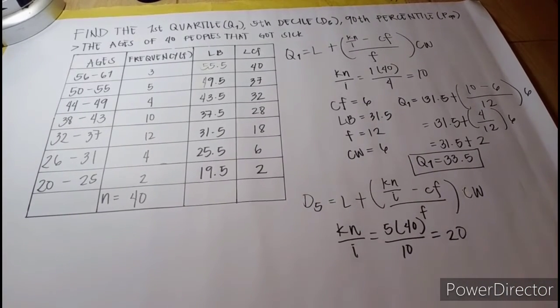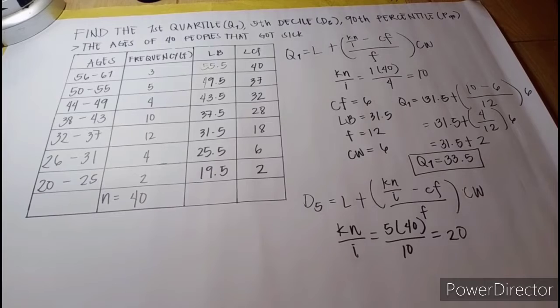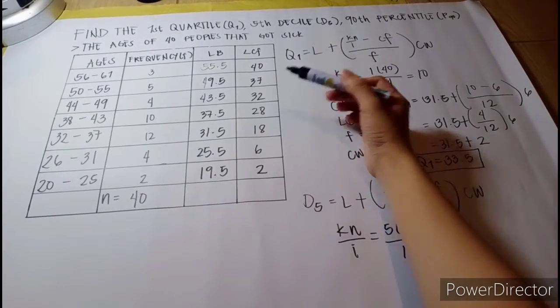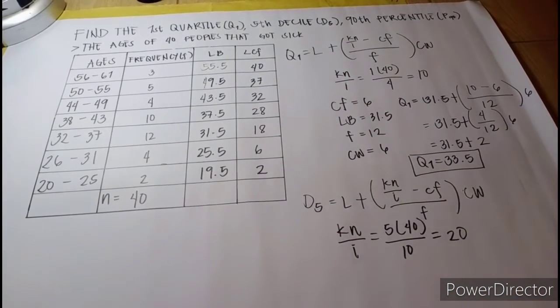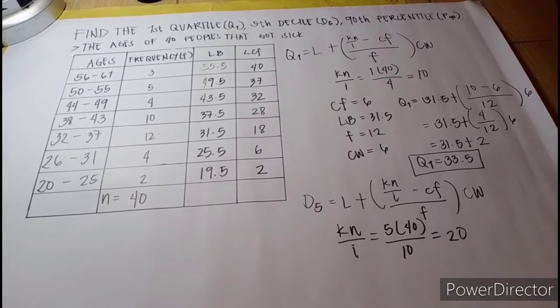20 is in between 18 and 28. So we're going to take the 28 because it is the higher value than 18. After that, we will get the cumulative frequency, which is 18 because it's preceding.